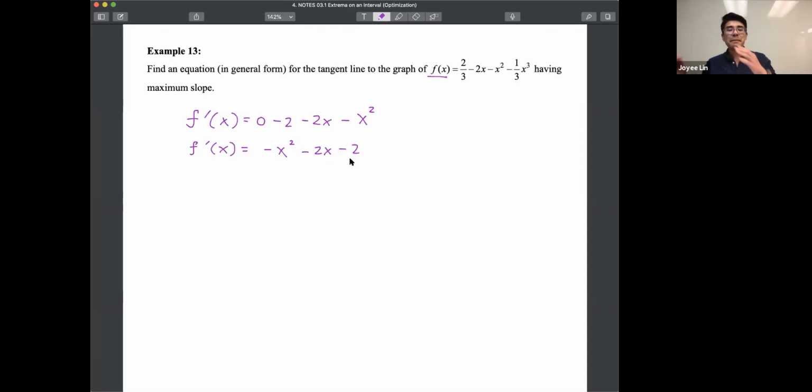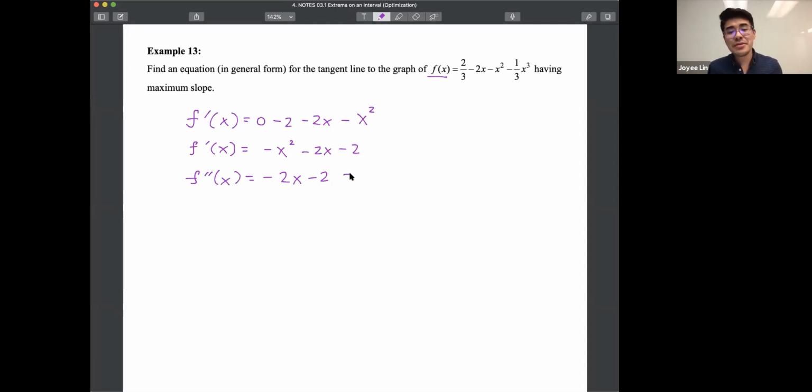But now we want to maximize that equation. If we want to maximize our slope, aka f prime of x, what do we need to do? We need to take another derivative. So negative 2x minus 2. Now we can set it equal to 0 or undefined. Obviously, it's a line, so it's not going to be undefined.